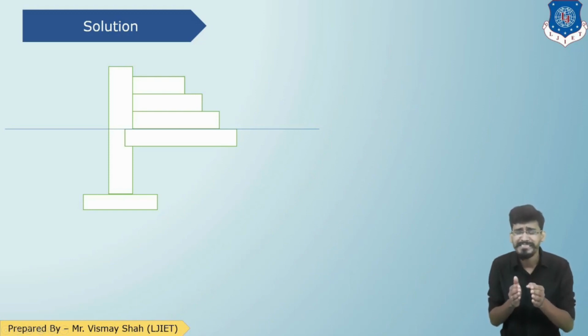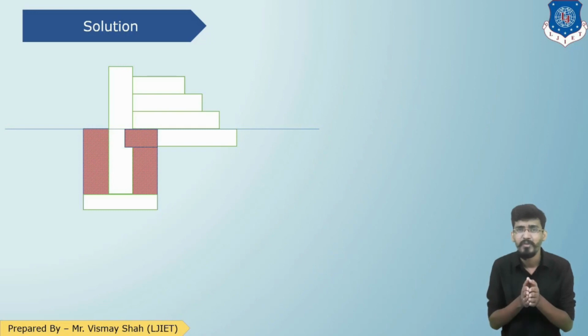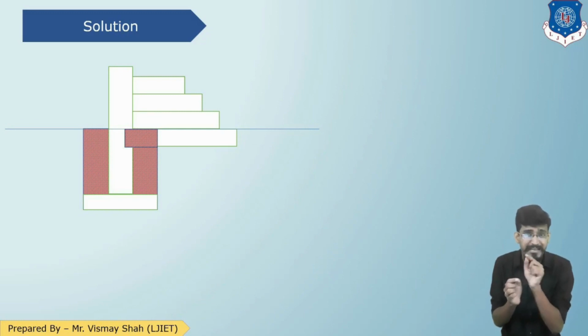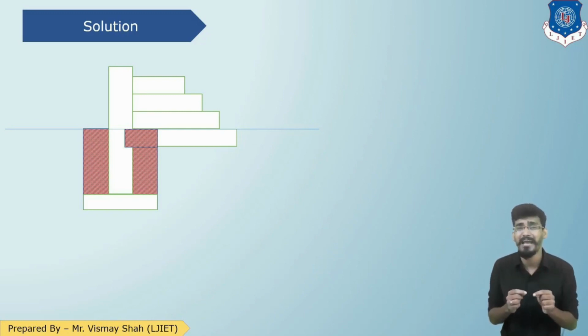Now first you are going to excavate the bottommost footing. While excavating that 50 centimeter footing, you are technically excavating this much area. As I have highlighted, a certain part of the step footing is slightly covered in that area.